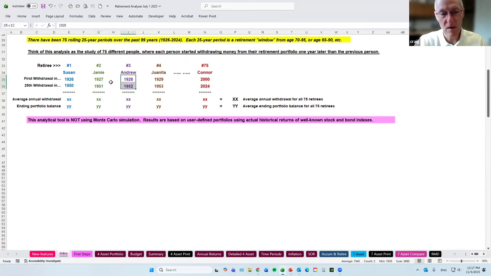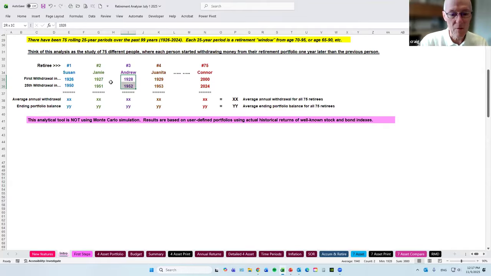So there's 75 different people, and we're looking at their collective experience in terms of how the retirement portfolio behaved, what it allowed us to withdraw, how much was remaining, and then any number of scenarios in and around all those variables.